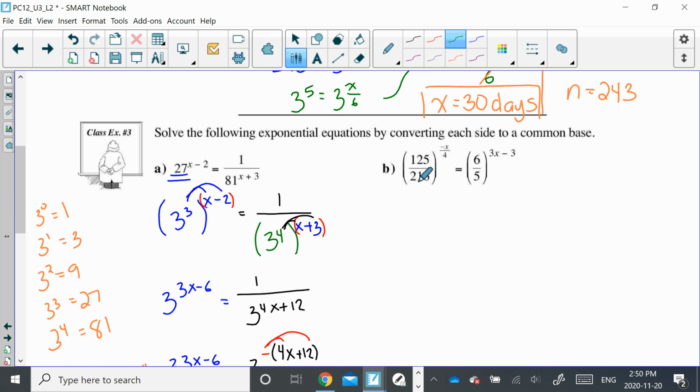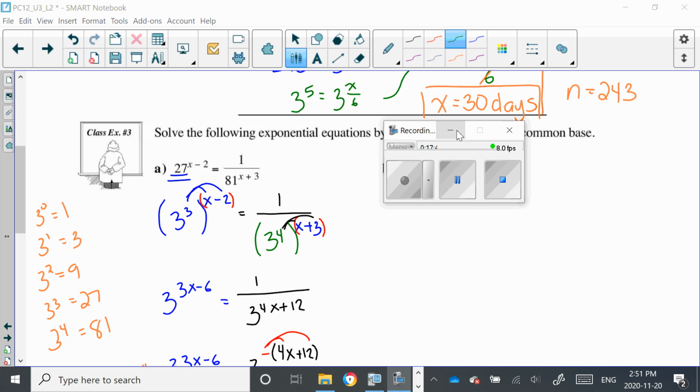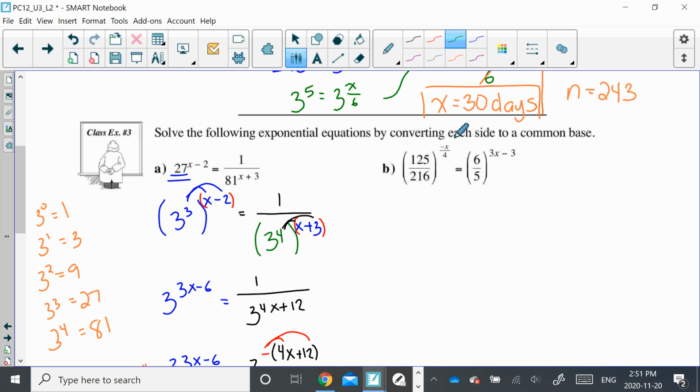Okay, a good trick with fractions is if this is 6 over 5, we basically want this guy to be a 6 and a 5. Okay, so I'll show you that's the first thing. Now you might say to yourself, okay, there's no exponent that I could raise 6 to that would give me 125, right?